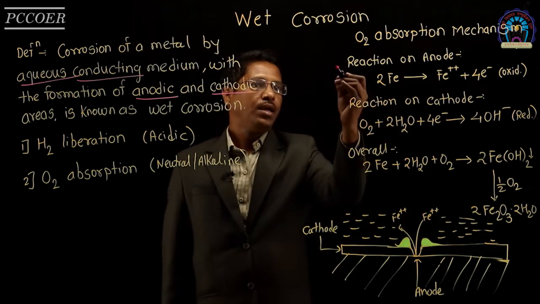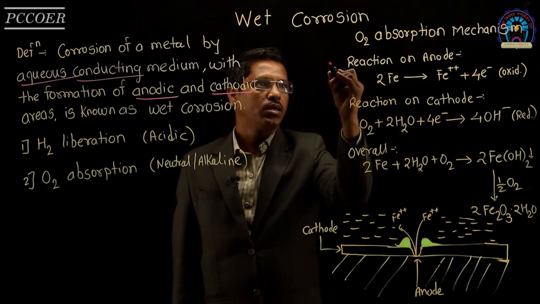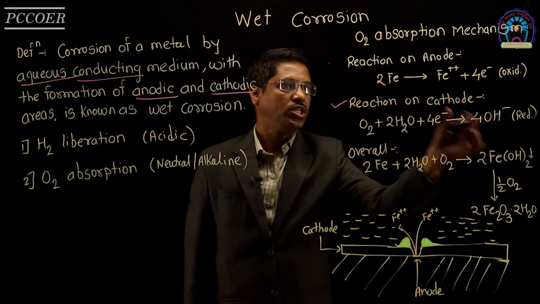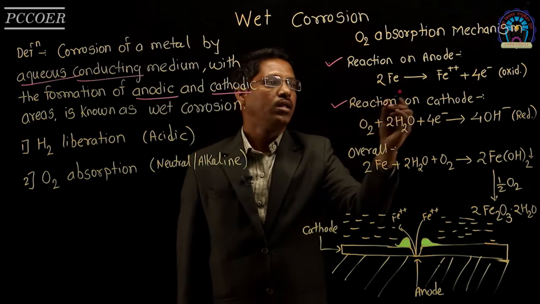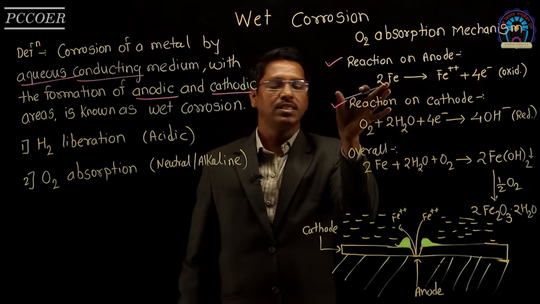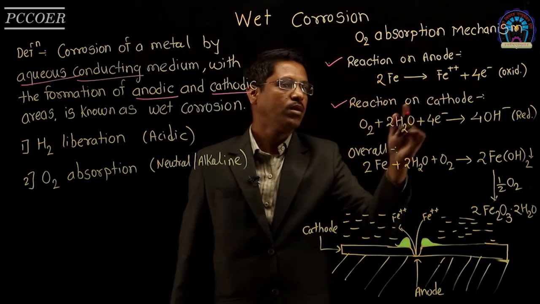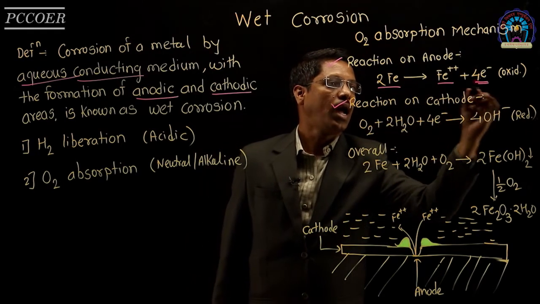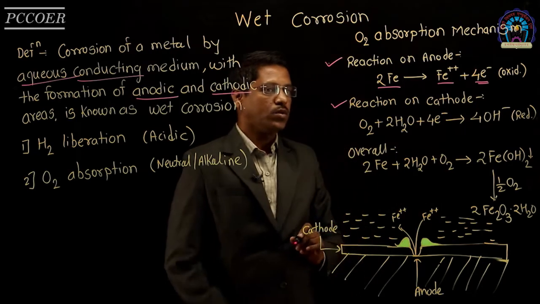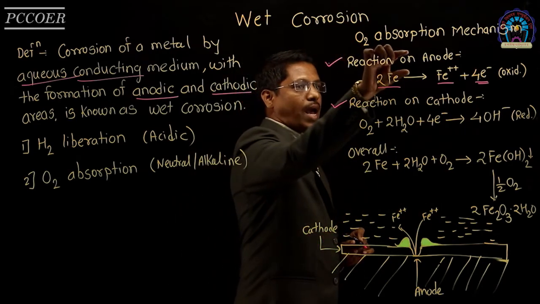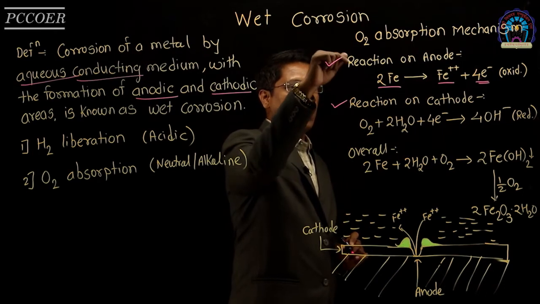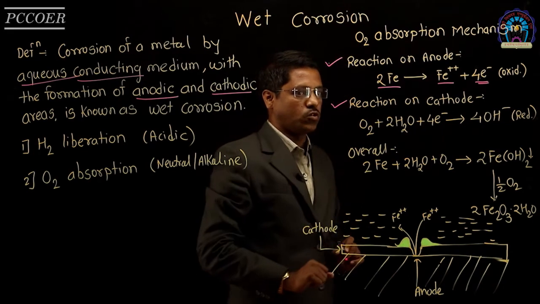See here, in the cathodic area the mechanism will change, but in the anodic area the first part is the same as in the hydrogen liberation mechanism, because the Fe metal loses its electron with formation of the metal ion. So the reaction on the anode is the same for the hydrogen liberation mechanism and for the oxygen absorption mechanism.